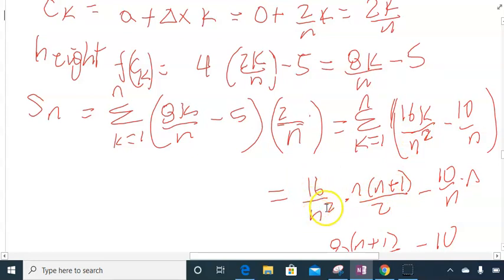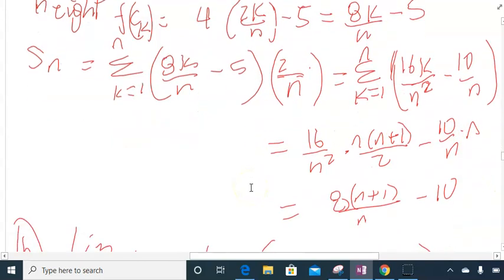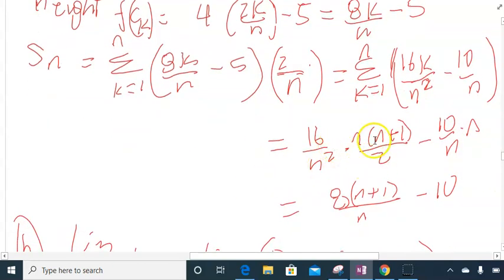We have 16 over n squared times n times (n plus 1) over 2 minus 10 over n. If you pull the 10 over n through to the left of the summation sign, you'll have 10 over n times the summation of k equals 1 to n of 1, and that would just be n. To simplify our answer a little bit, it becomes 8 times (n plus 1) over n minus 10.